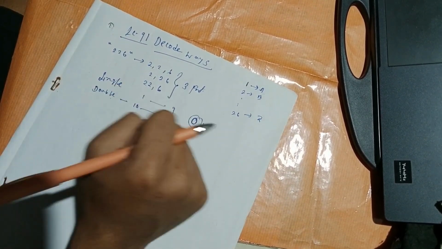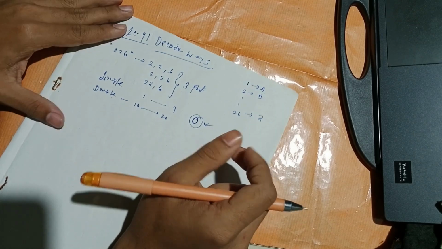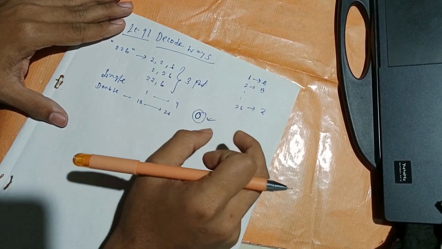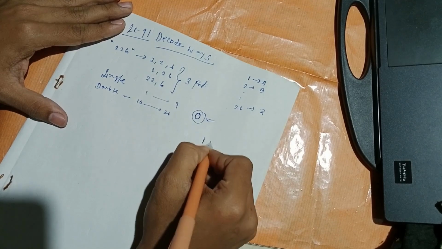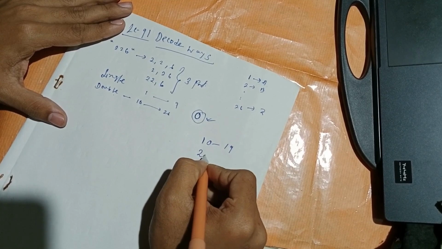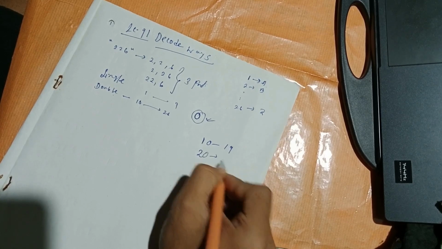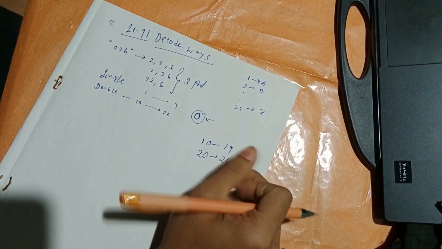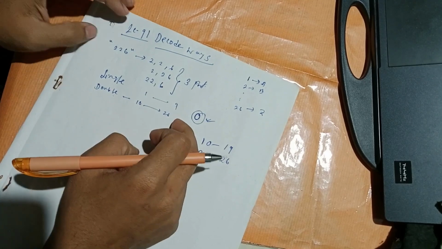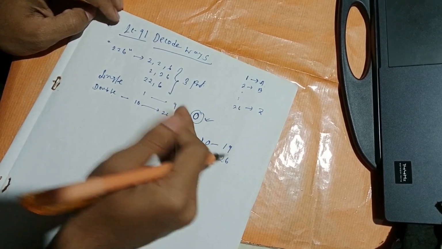And for double-digit numbers, one range goes from 10 to 19, and another goes from 20 to 26. Okay, that's it. So what do I do? This is a DP problem, whenever we have to find how many ways.